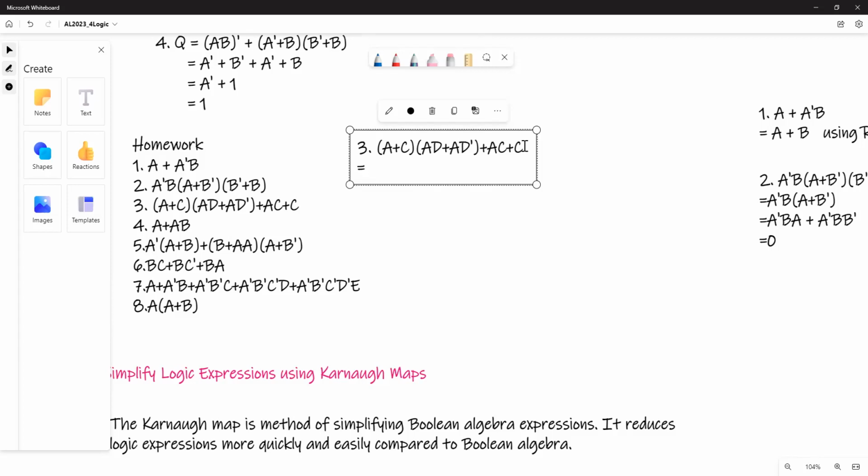So what we could do is a couple of things. Simply you can look at what is the easiest way to simplify this. So we have a plus c here, and then we have AD bar.